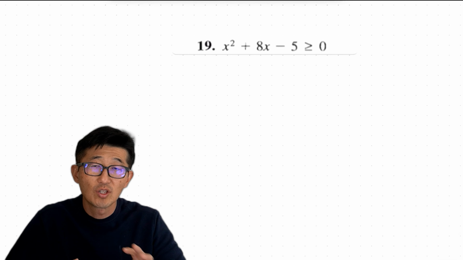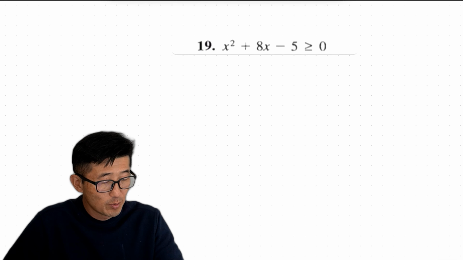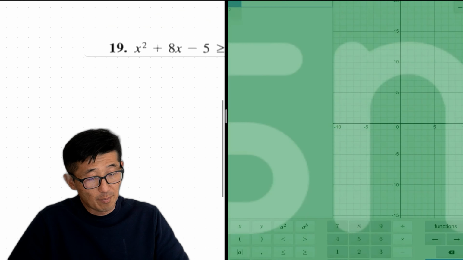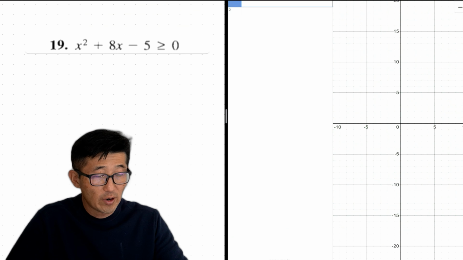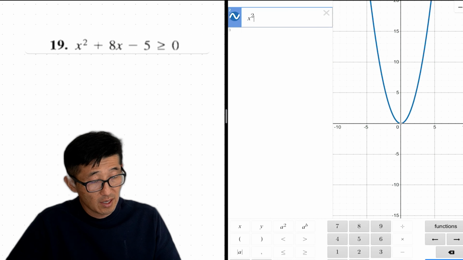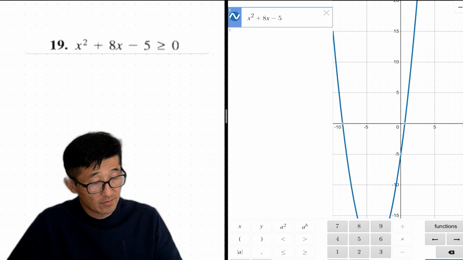Okay, you know what? Let's do this first. Everyone, let's not use the quadratic formula. Let's do it the better way. Everyone, open up the Desmos graphing calculator and graph that function, x squared plus 8x minus 5.